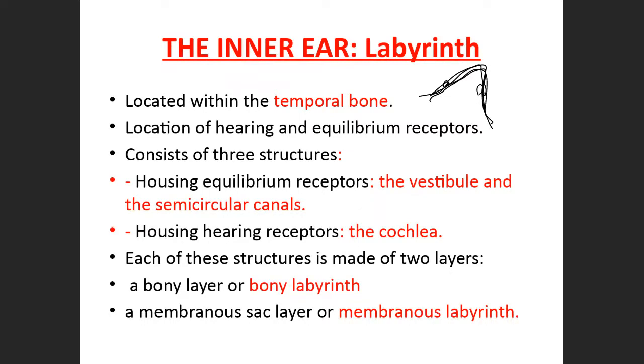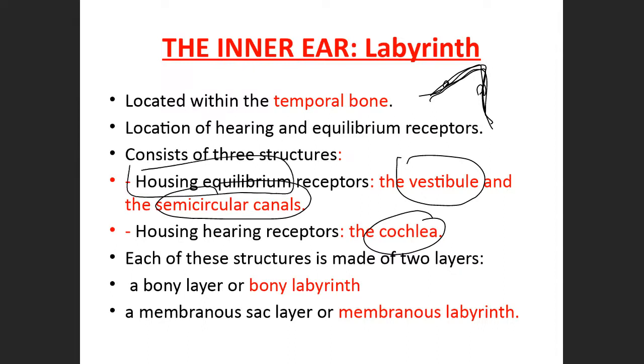Second, it is made of three components: the vestibule, the semicircular canals, and the cochlea. The vestibule and semicircular canals house equilibrium receptors. The cochlea is exclusively for hearing.